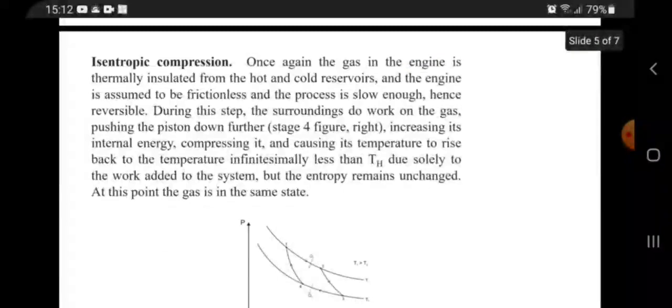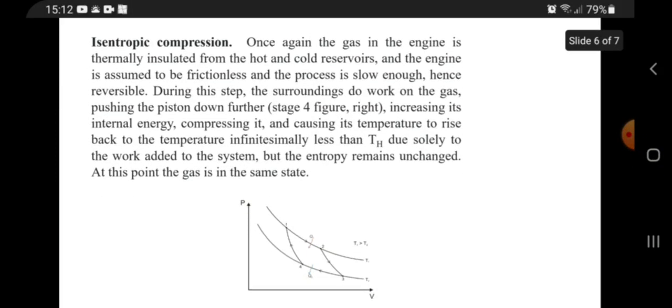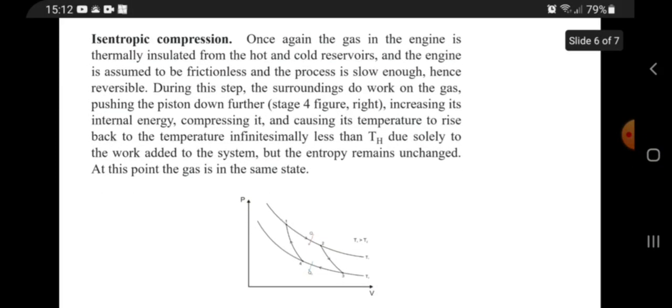Next, isentropic compression. Once again, the gas in the engine is thermally insulated from the hot and cold reservoirs, and the engine is assumed to be frictionless and the process slow enough, hence reversible. During this step, the surroundings do work on the gas, pushing the piston down further.